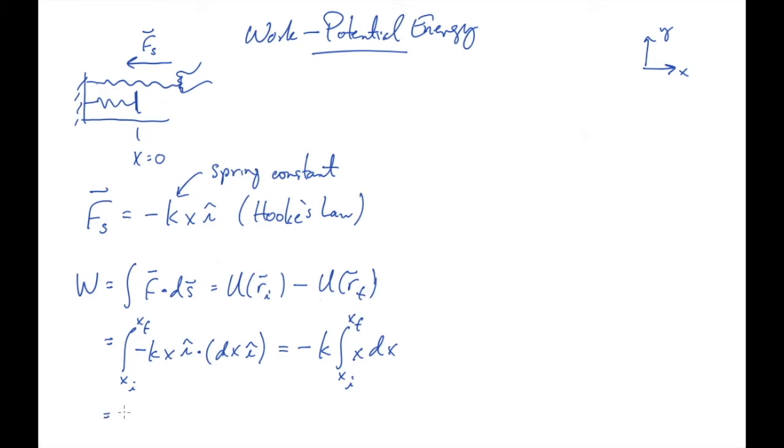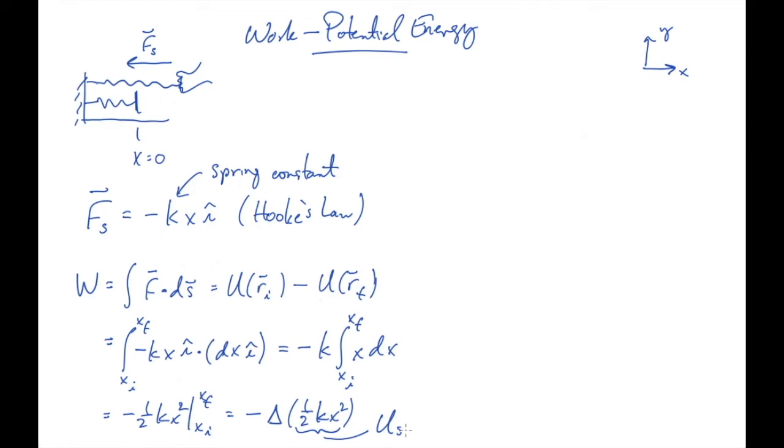And that is just minus 1/2 kx squared between these two locations. So that gives me minus the change in this quantity 1/2 kx squared. 1/2 kx squared is then the potential energy function associated with springs.